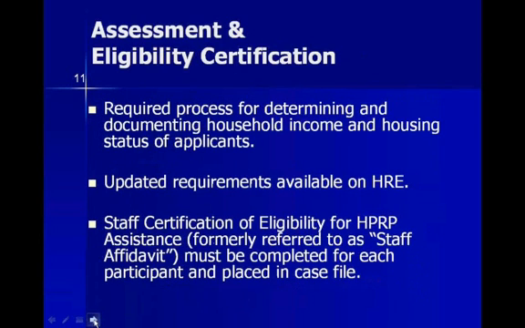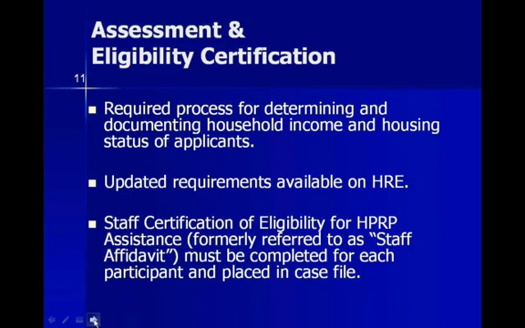So again, grantees and subgrantees must follow HUD requirements related to determining and documenting the housing status and income of individuals screened for assistance. As we mentioned earlier, we did update the income and housing status eligibility and documentation guidelines, and we've also updated the staff certification. Both are available on the HRE.